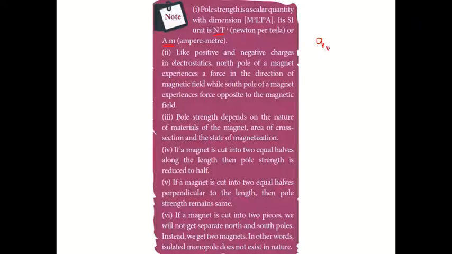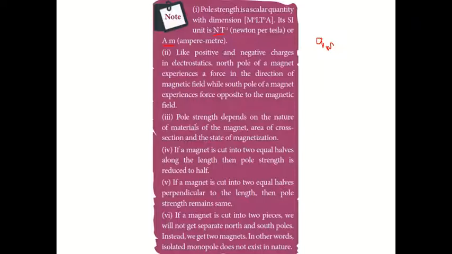So it has some of the similar properties which we studied in the first unit. While studying about charges, we studied certain properties. Similarly, magnets also have certain properties. Like positive and negative charges attract each other, similarly here also north and south pole attract each other. Same poles repel each other.